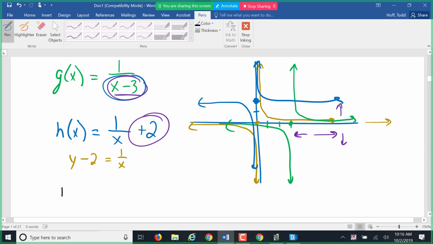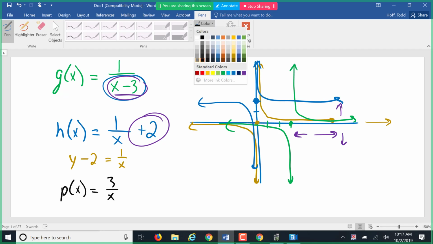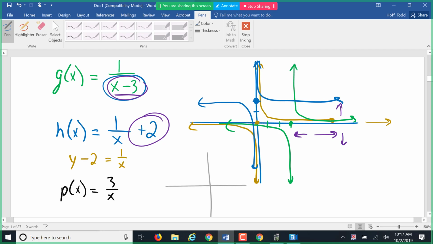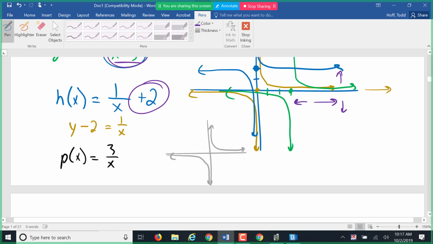If we did p of x equals 3 over x, all that's going to do is stretch our graph out. So we're going to go from being something like this to being stretched out vertically. It's going to stretch like that and like this.